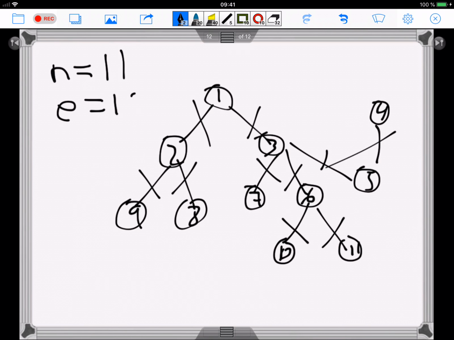Okay, exactly as the results expected us to find. Okay, so this is something that we know about trees, that they have exactly n minus 1 edges.